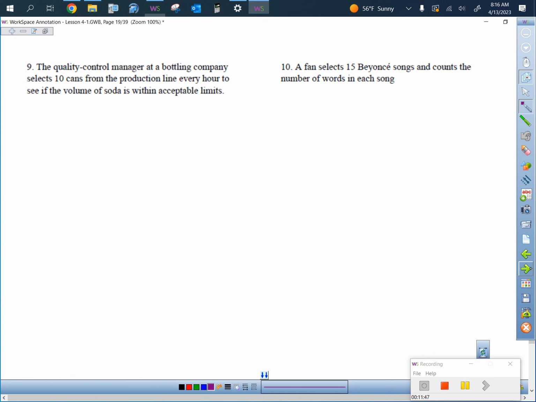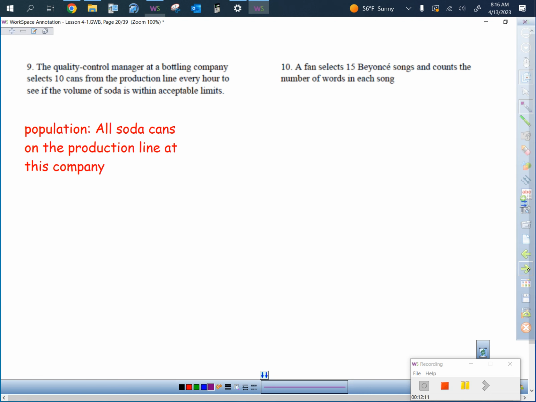So would you believe they're talking about soda cans? That's what they're talking about. What's the population? All the soda cans, but guess what? Every hour, because they just did it in an hour's time. So this is a bottling company. They've got a machine going with all these soda cans getting filled with soda. The population is all soda cans in that hour.